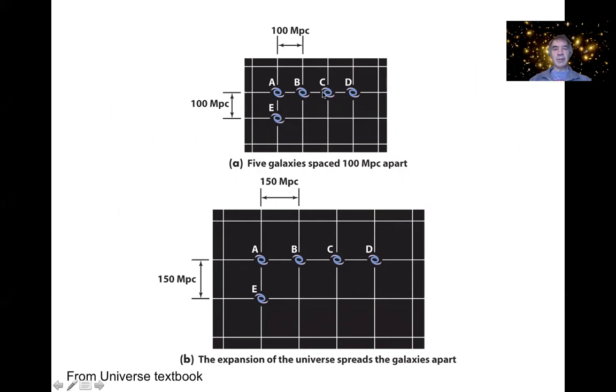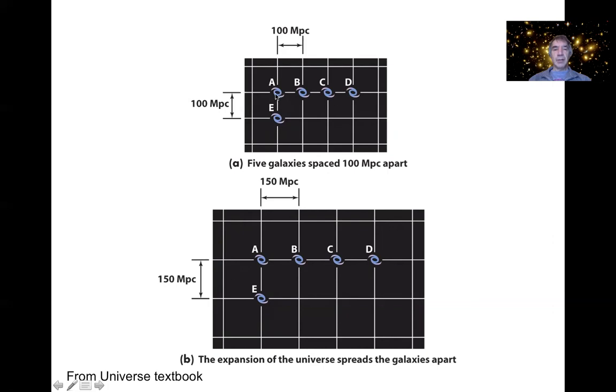Imagine we've got a black rubber sheet here that can expand uniformly in all directions, in 2 dimensions, and that we've put some idealized galaxies down here as markers on this coordinate system. So the coordinate system here is representing the idea that space itself is expanding.